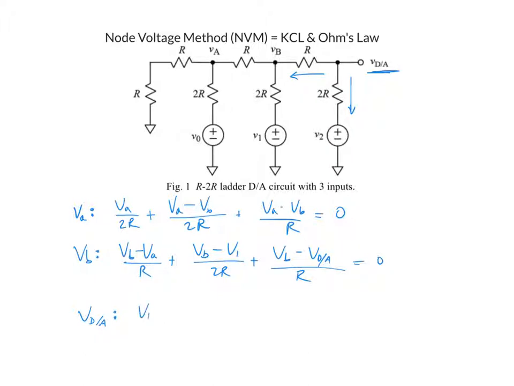I have VDA minus VB over R plus VDA minus V2 over 2R. I obviously don't have a current here because there's nowhere for the current to go. So sum of all the currents is equal to 0.